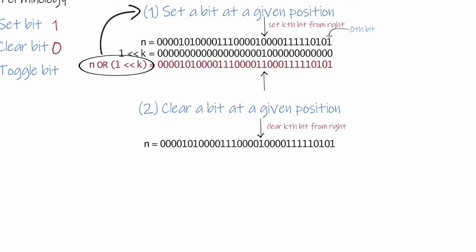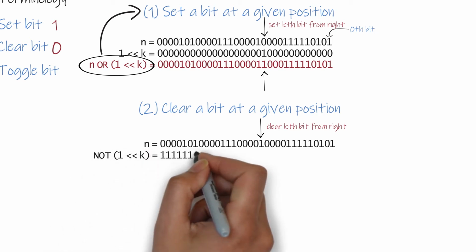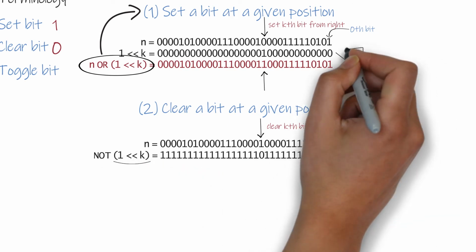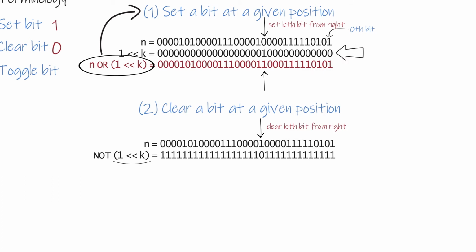In order to achieve this, we will take bitwise NOT of 1 left shifted k times. We have already seen the 1 left shifted k expression in the last technique. So applying bitwise NOT on that expression gives us this number.